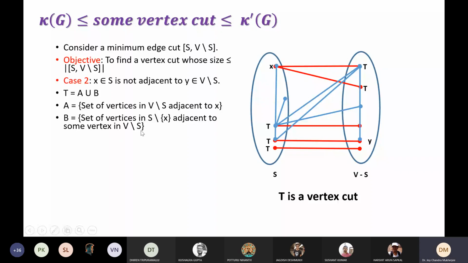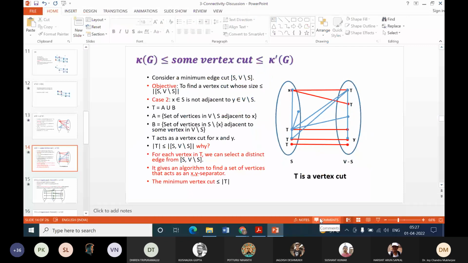Okay, for example, if there is some edge within this, then none of these vertices belong to B, because B is the set of vertices in S minus X which are adjacent to some vertex in V minus S. So this and this, none of them are adjacent to any vertex here.